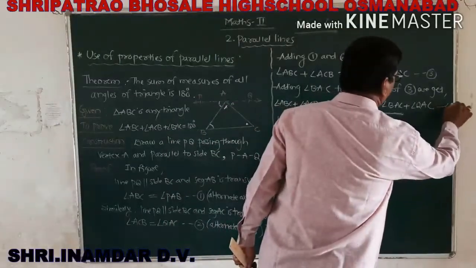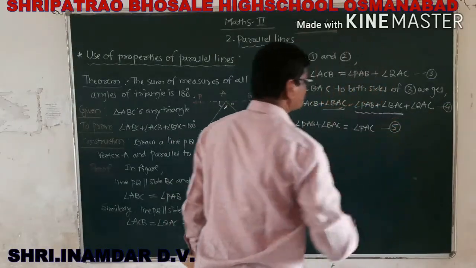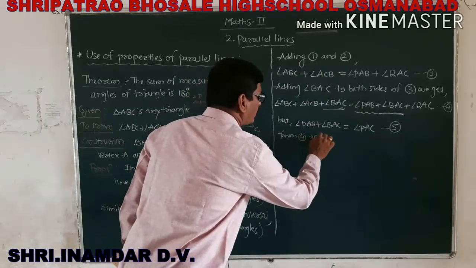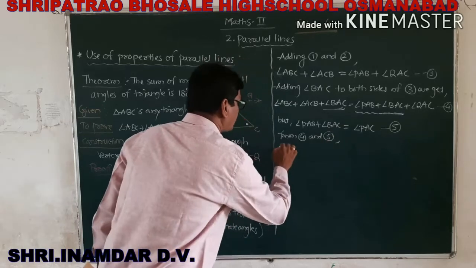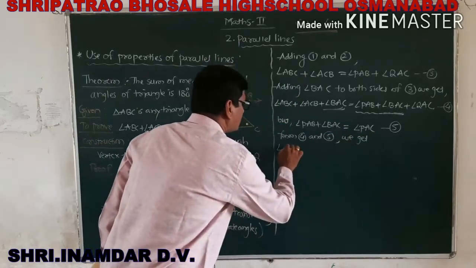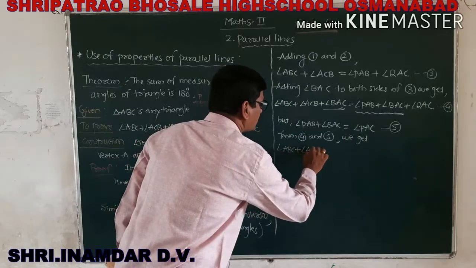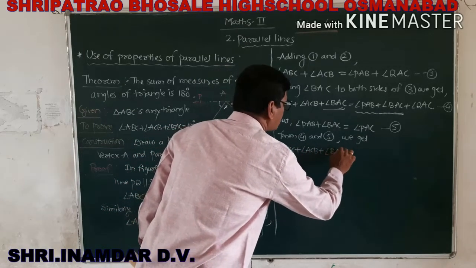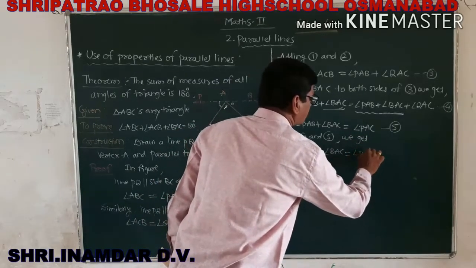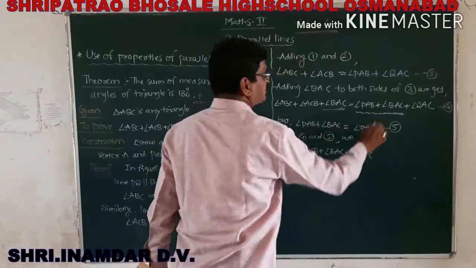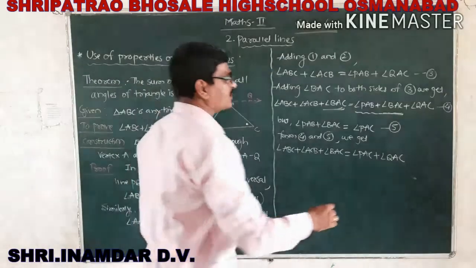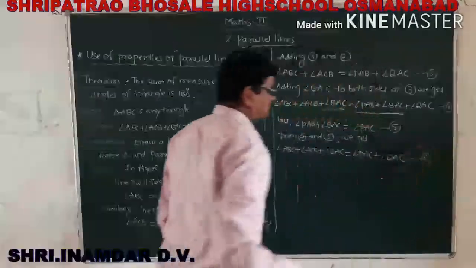Suppose this is number 4 and this is number 5. So from 4 and 5 we write that, we get angle ABC plus angle ACB plus angle BAC is equal to PAC. We write it instead of PAB plus BAC, and plus angle QAC. So this is number 6 here.